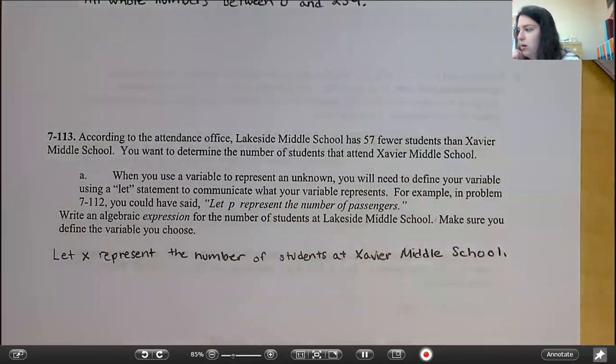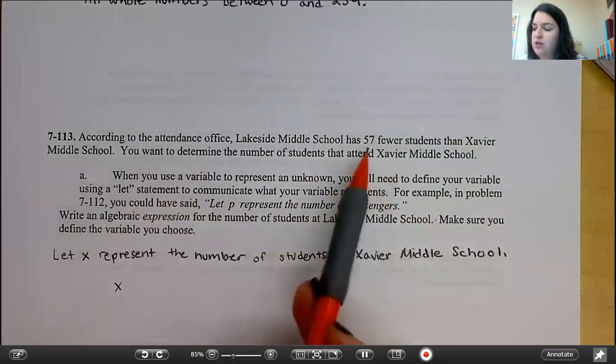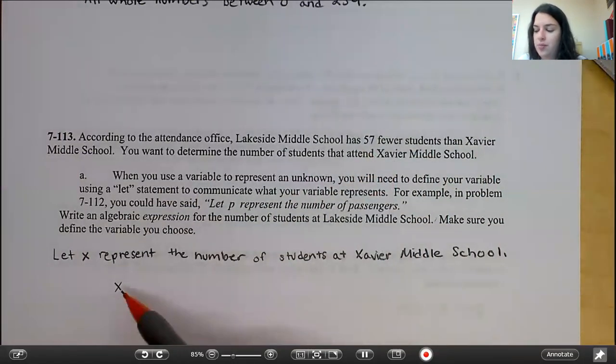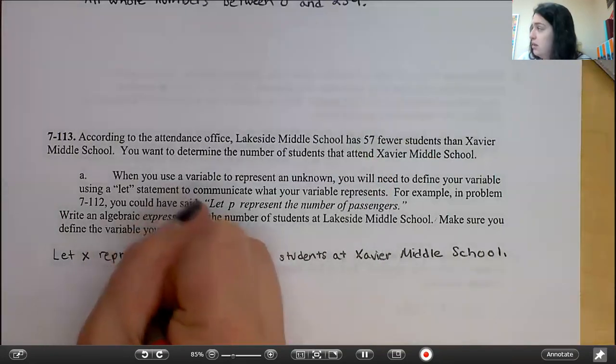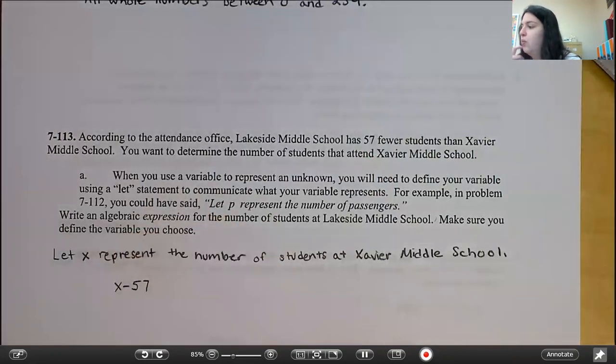Okay, so we're going to write our expression together. So x is how many students Xavier Middle School has, but we know that Lakeside has 57 fewer students. So what operation are you going to need to represent fewer? Hopefully you said subtraction. So x minus 57 will give you your expression here.